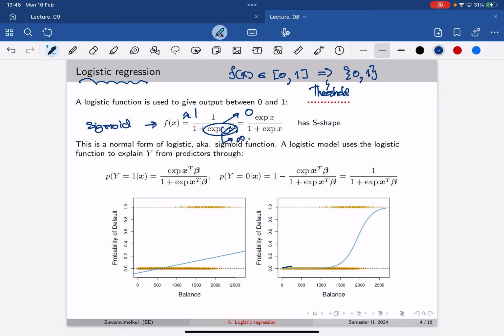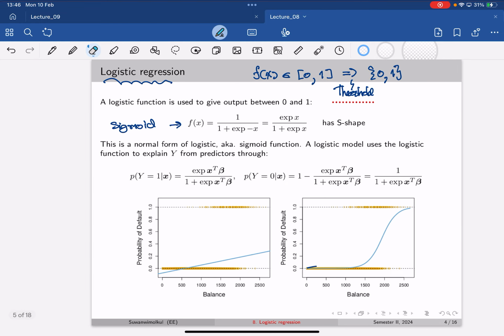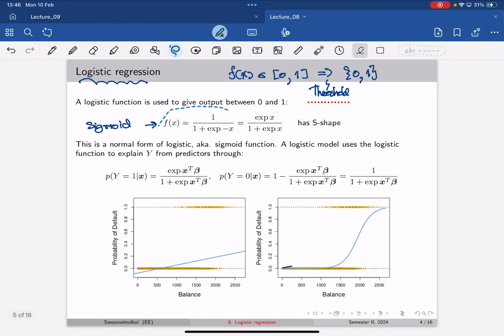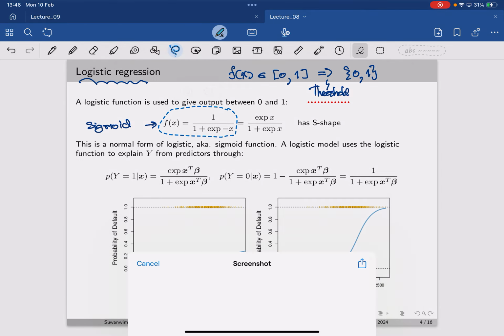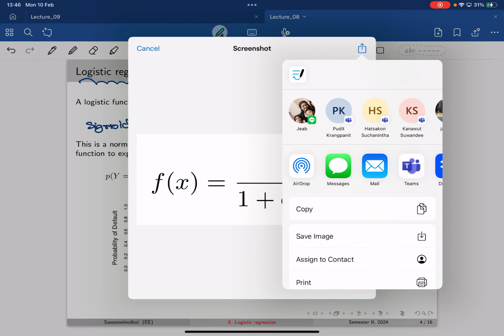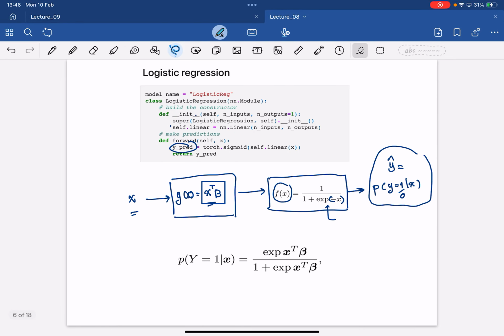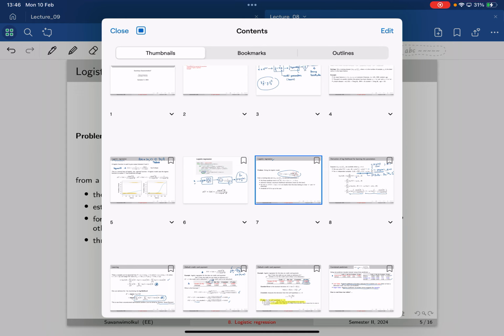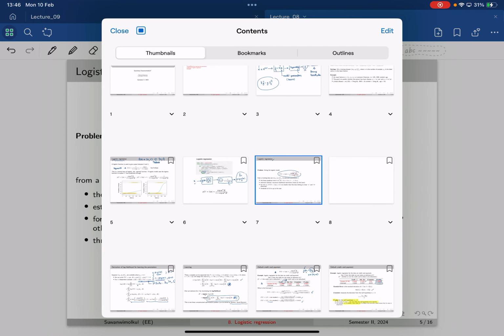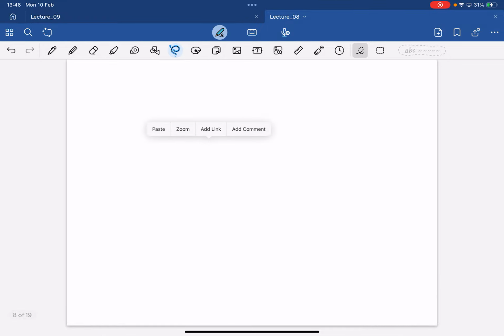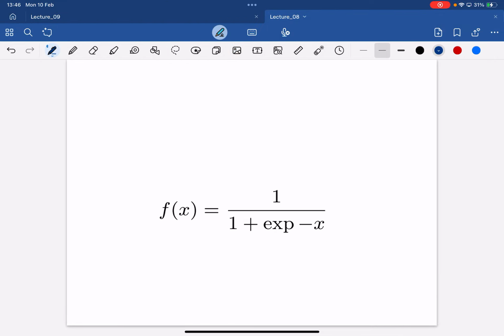Maybe I don't have a good graphical showing here, but let's draw a line for this function. Okay, so this is a sigmoid function. It can be used to represent both 0 and 1.